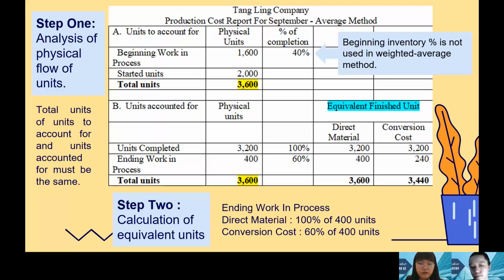However, for the conversion cost it is 60%. Therefore, we multiply 400 with 60%, and we will get 240. We will total up each column. For direct material, total unit 3,600 and conversion cost 3,440. The total physical unit is 3,600.